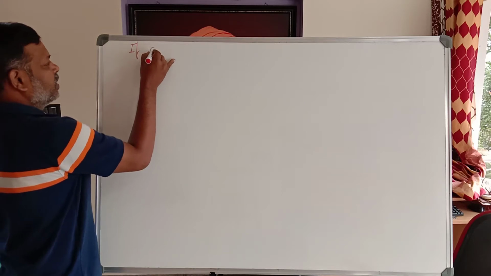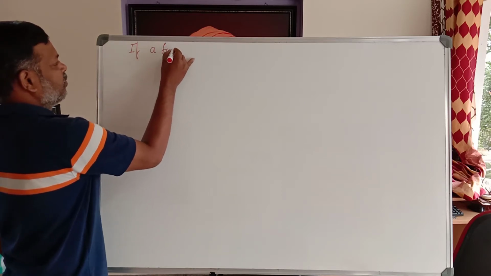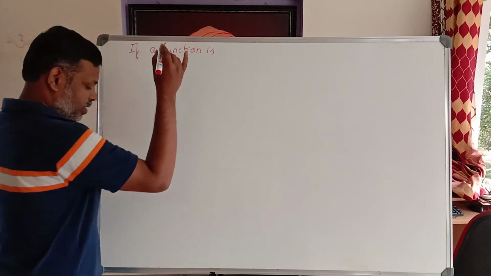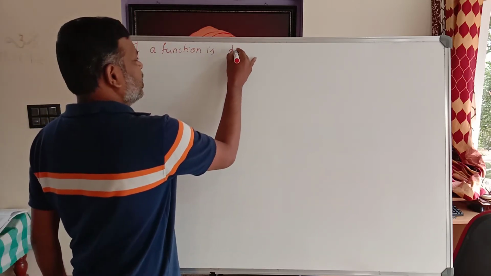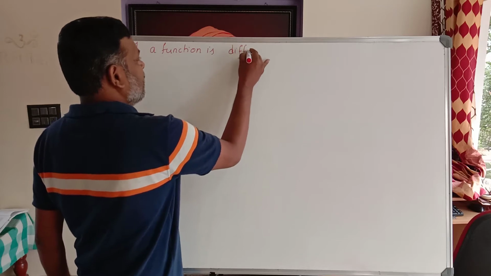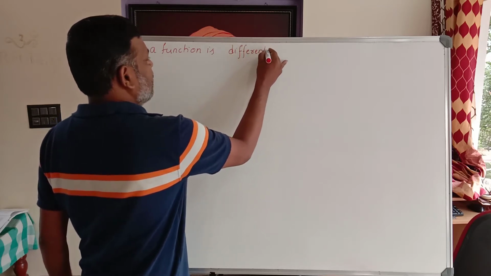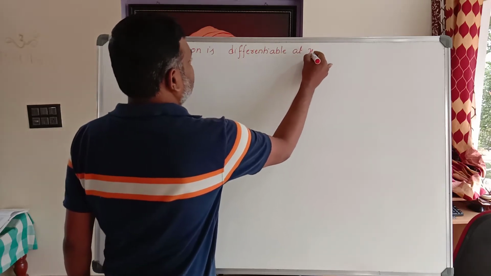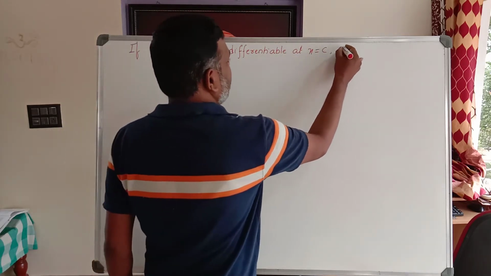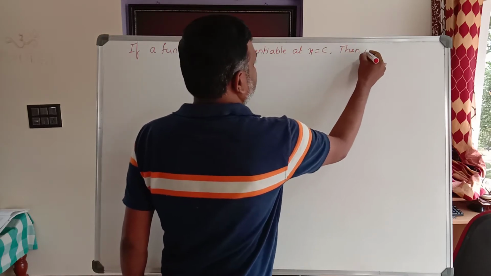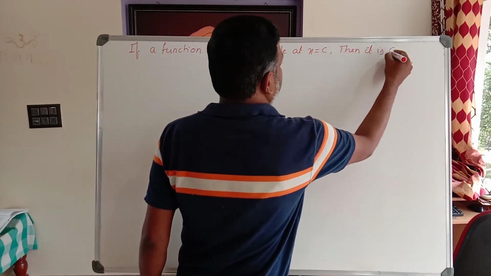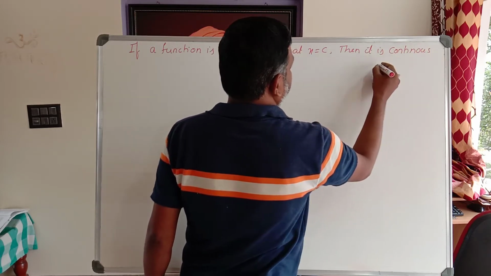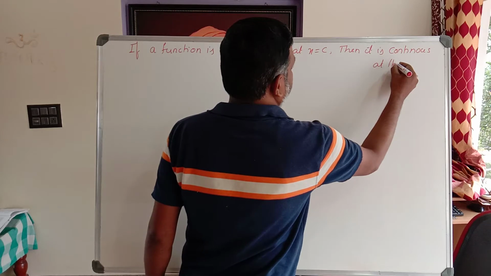If a function is differentiable at x is equal to c, then it is continuous. Then it is what? Continuous at that point.